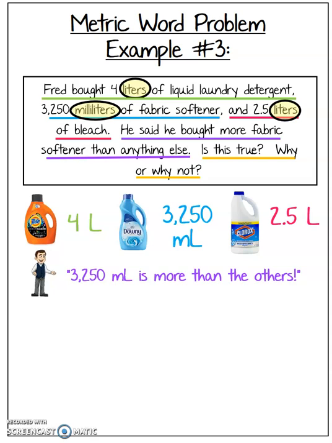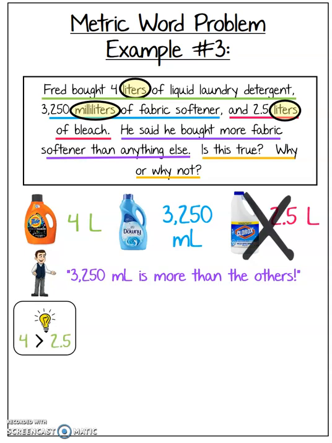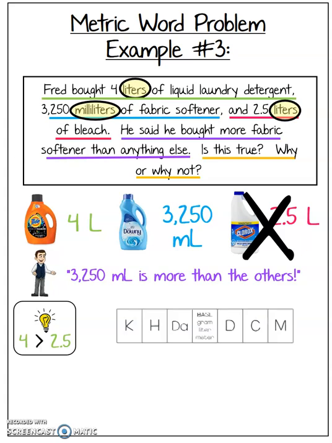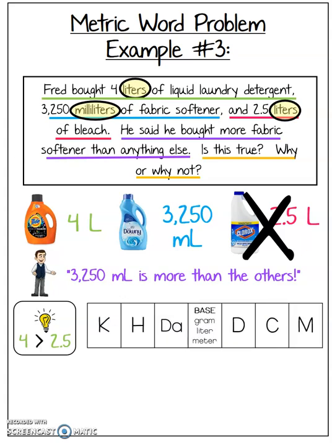First, since I know that the laundry detergent and the bleach are both measured in liters, I can compare those 2. And I know that 4 is greater than 2 5/10, so that means he definitely didn't buy more bleach than anything else.